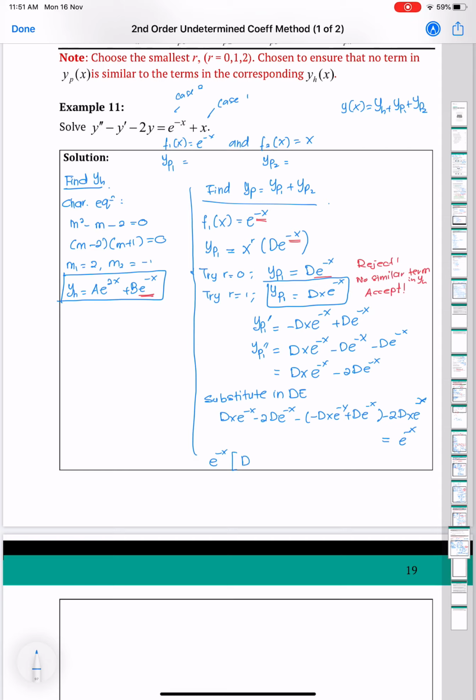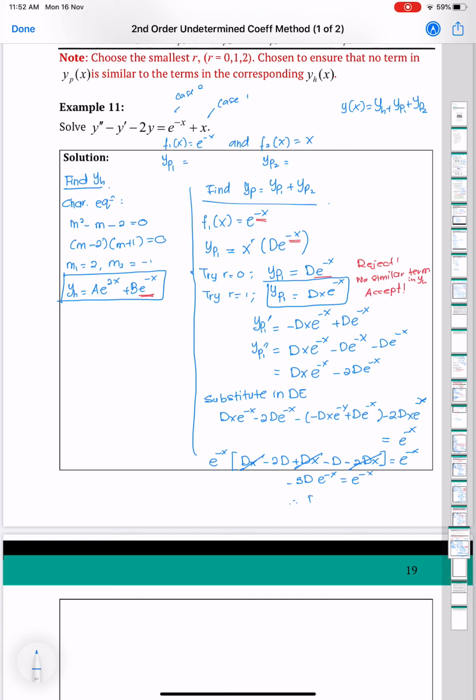I will get dx minus 2d plus dx minus d minus 2dx, equal to 1. So I can cancel out dx, and I will get negative 3d exponent negative x equal to exponent negative x.